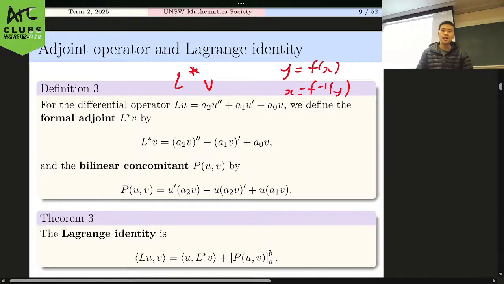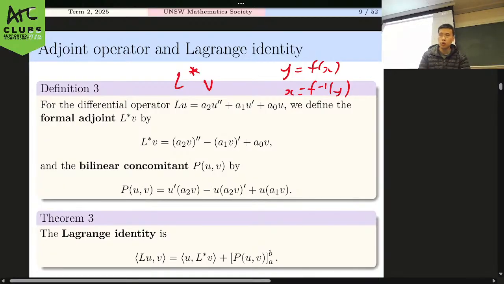It's not exactly the inverse here, but that's the analogy I'm trying to make. So v as the output, we define that as: instead of putting the dashes on the u's only, you put it on the outside of a2 and b as well. So you put it on both of those. Again, it's the same thing here, except you put this little minus thing. Obviously the a0 would stay the same. So that's the formal adjoint.